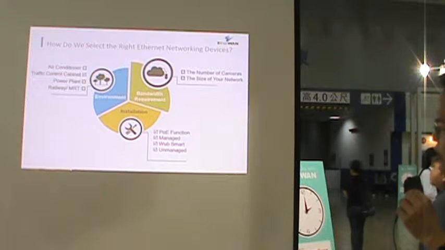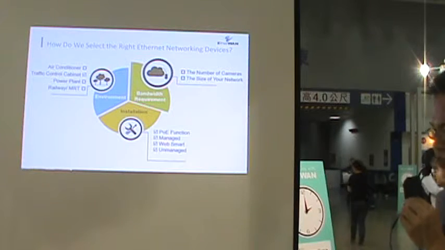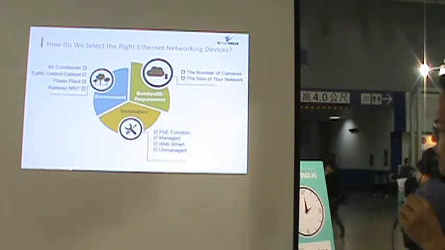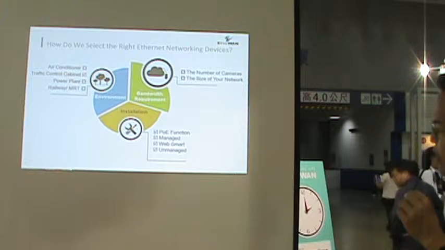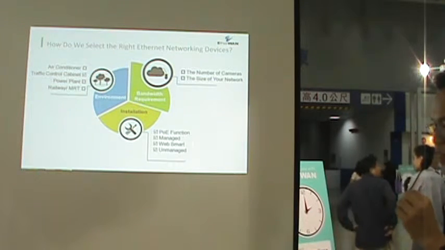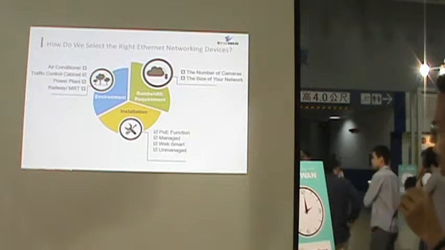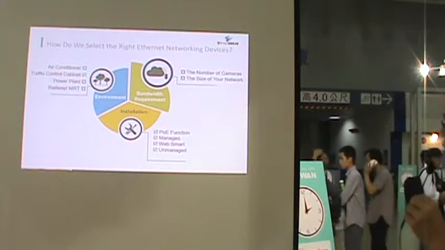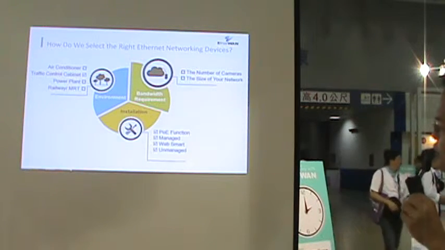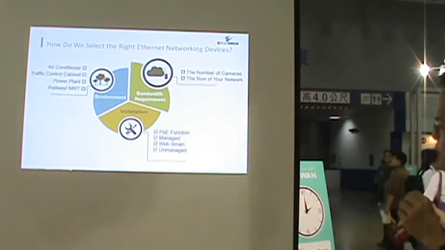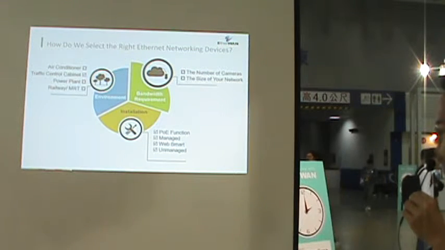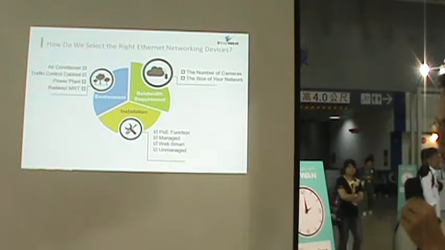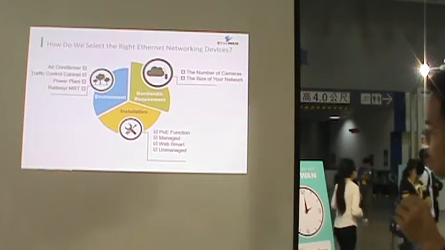Web smart is a simplified version of managed switches. You can easily tell the difference: managed switches have SNMP features, whereas web smart switches don't. Web smart normally provides a simple user interface and lets you do simple management. As for the unmanaged switch, it's simply plug and play, and that's it. There's no GUI involved in this device.